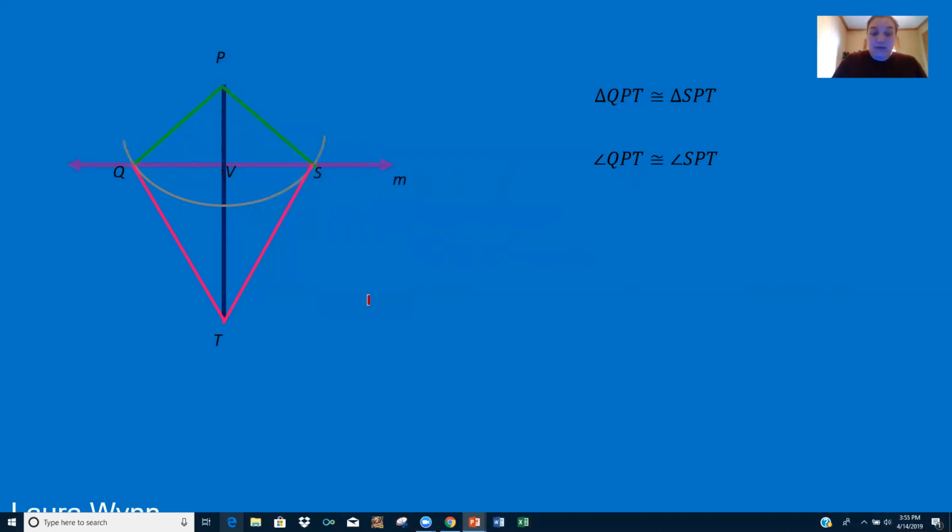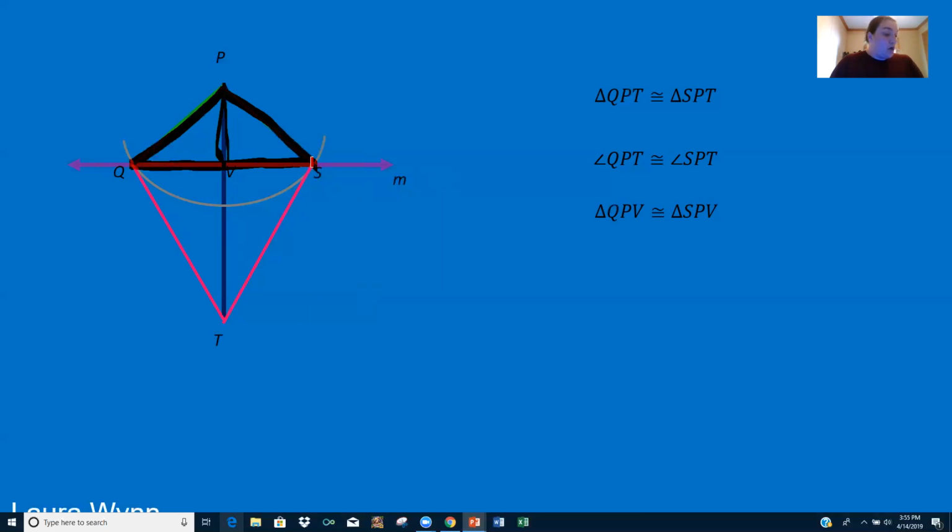Okay, so our next one they want us to do is triangle QPV is congruent to triangle SPV. So QPV, right here, this triangle, and SPV. I'll just make one big triangle. How about that? So QP, SPV, and these are triangles, so they're connected right here.